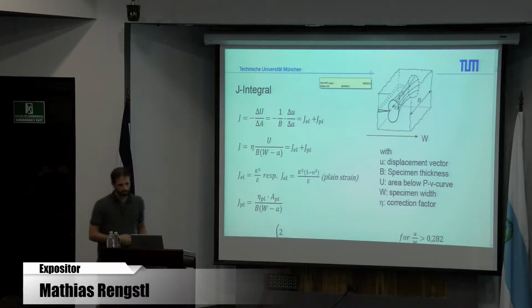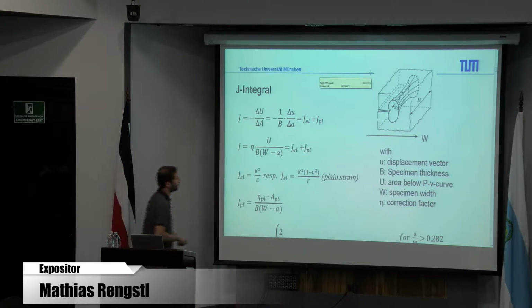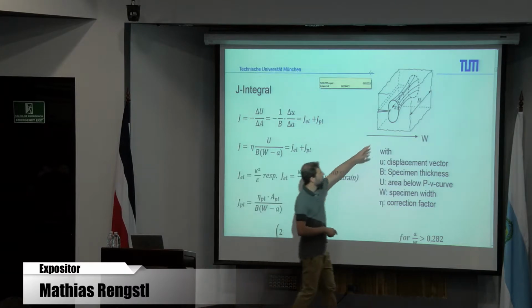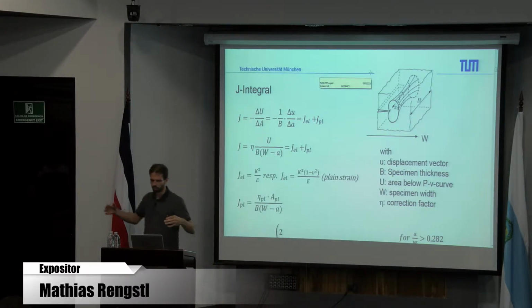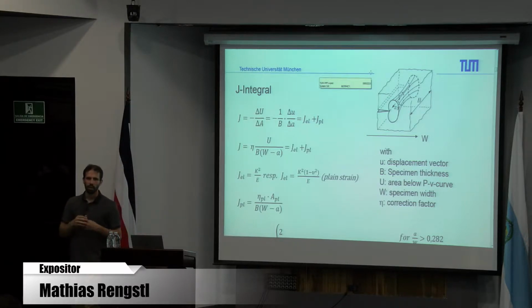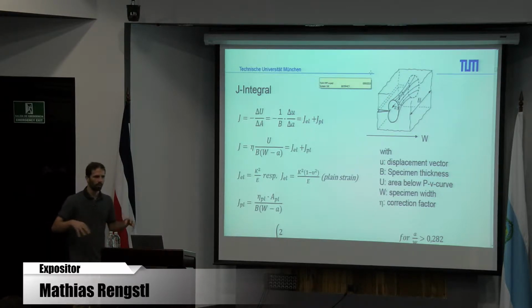So how does it look like? If you see here next to our crack, due to the size information in our continua, we have a model which is always looking like a bone.